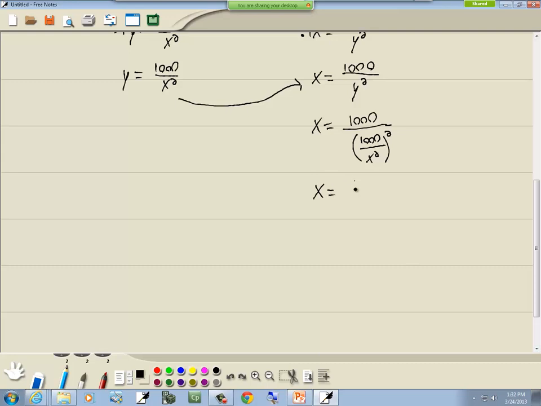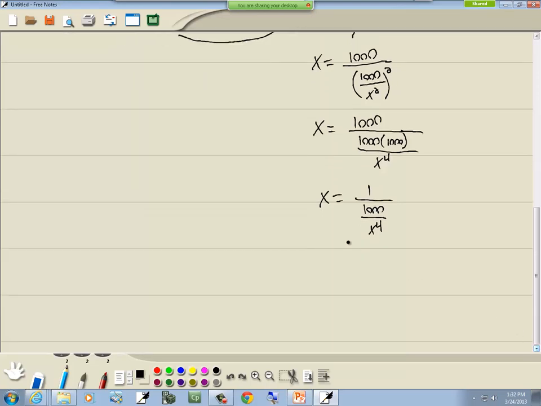That's x equals 1,000 over 1,000 times 1,000 over x to the fourth, which simplifies a little bit. This 1,000 here cancels with one of these 1,000s. So we've got 1 over 1,000 over x to the fourth. Take the reciprocal of that, multiply it times your top part, and we've got x to the fourth over 1,000.